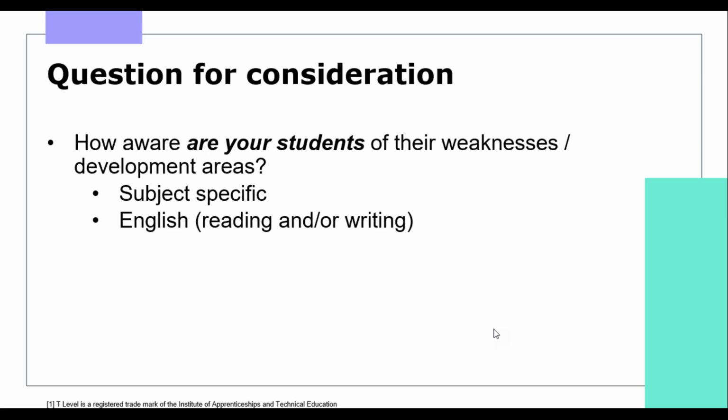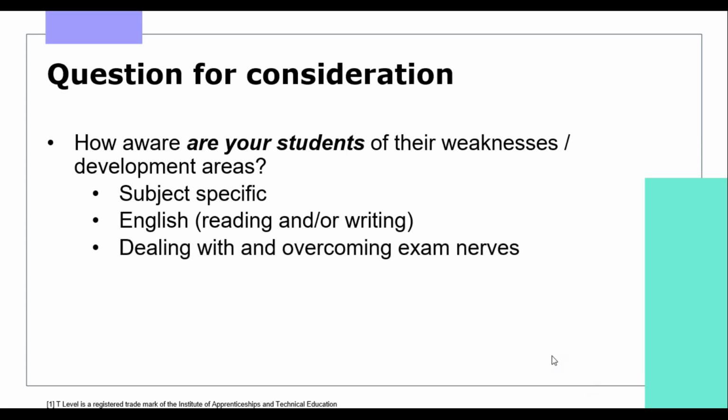If they have limited exam experience, is there a plan for them to be developed and practiced whilst on the programme? Dealing with and overcoming any exam nerves, and although some nerves are helpful to bring out our best performance, students need to know how to deal with this and manage them effectively, especially if their exam experience is limited.